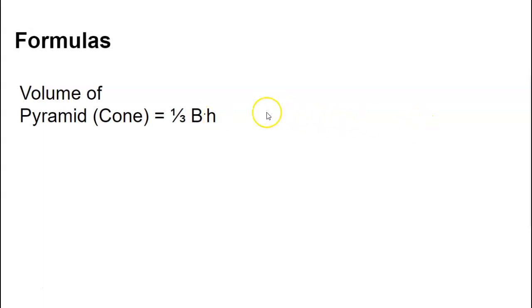It is also important to note that when you're finding the volume of a pyramid, the height that we need to use is the vertical height. So if you're not given the vertical height, but you're given the slanted height, make sure that you find the vertical height. For volume, it does have to be the vertical height.